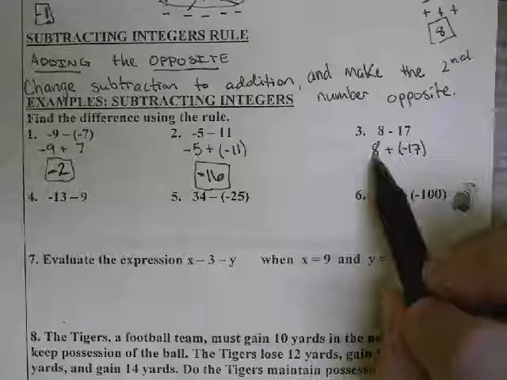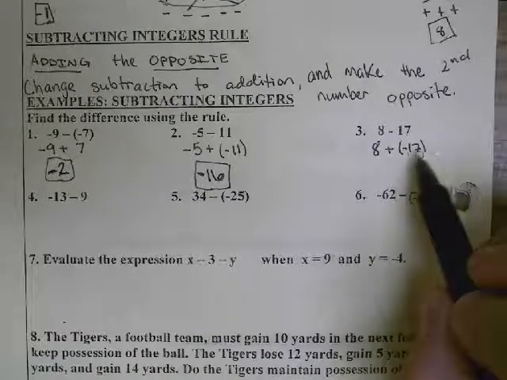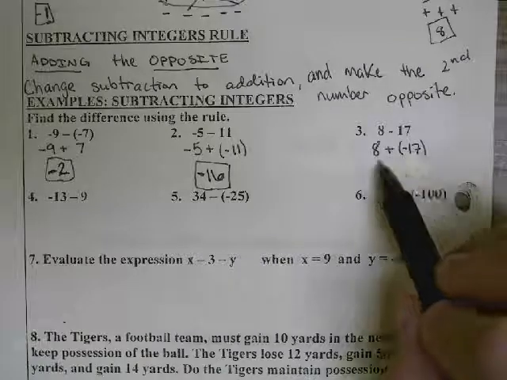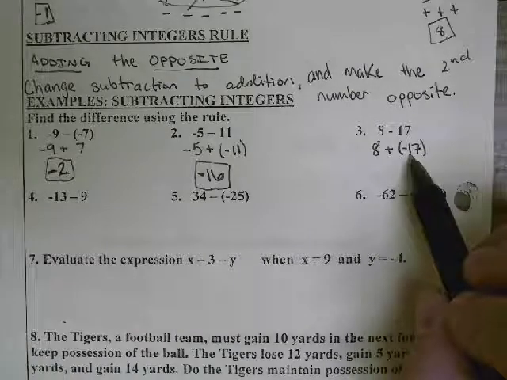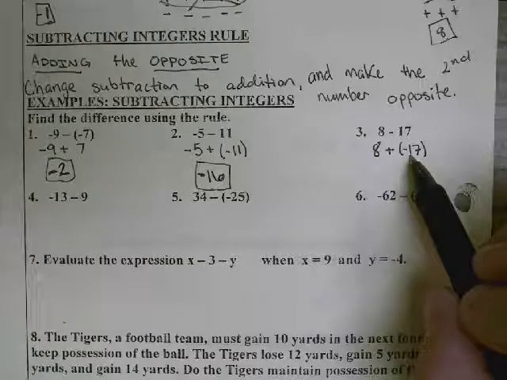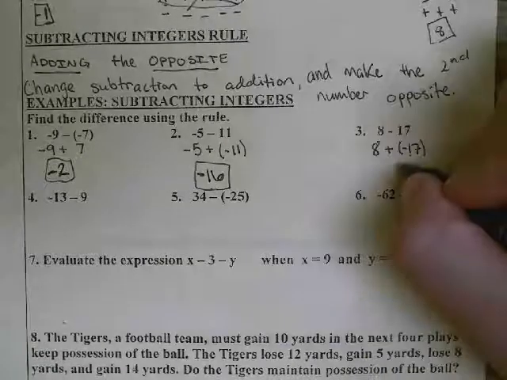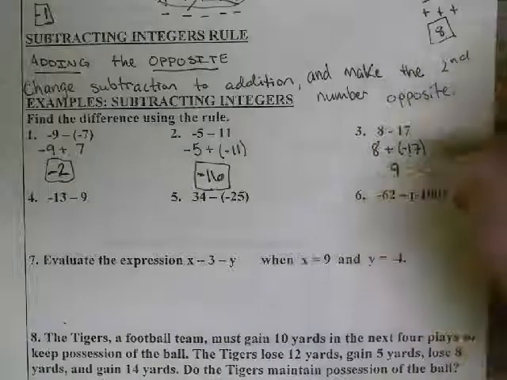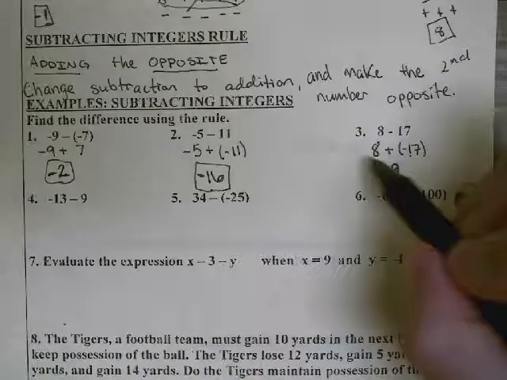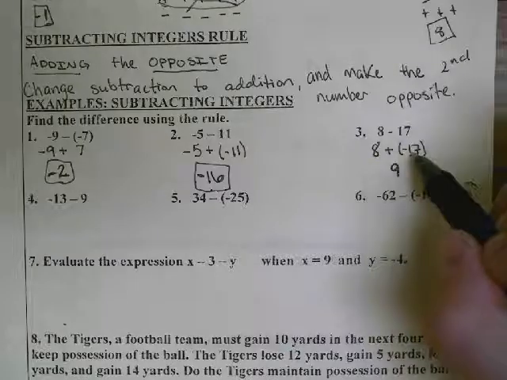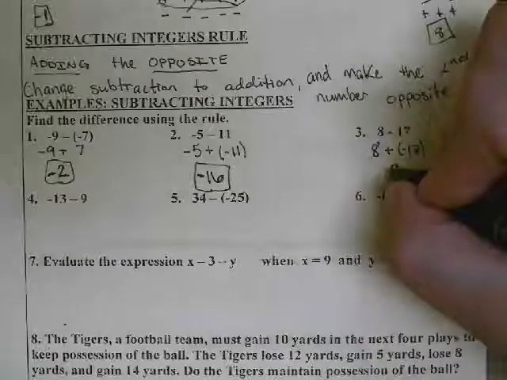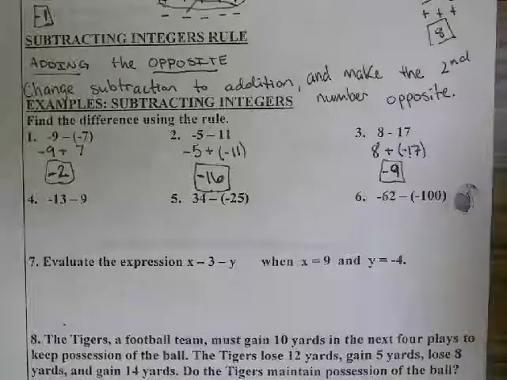Are my signs the same or different? Positive 8, negative 17. Those are different. Add or subtract? So we'll subtract. And we get 9. And we keep the sign. So positive or negative for our answer? We'll keep the sign of the larger looking number. So it's negative.